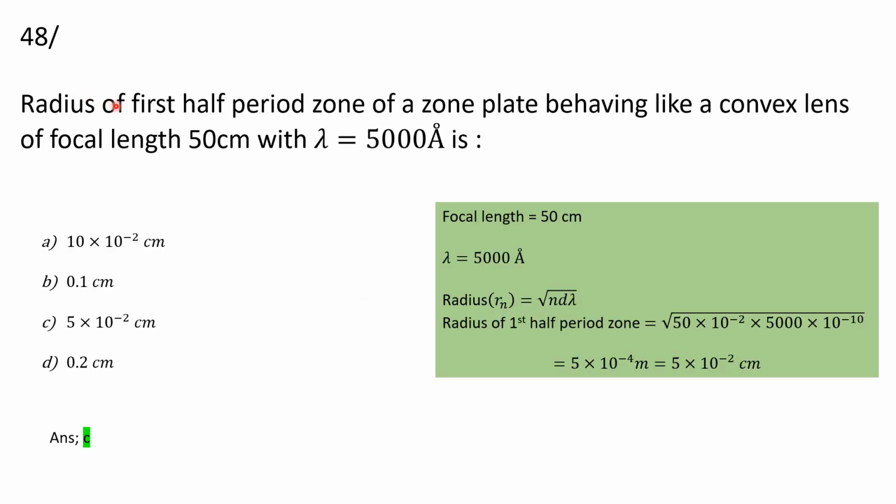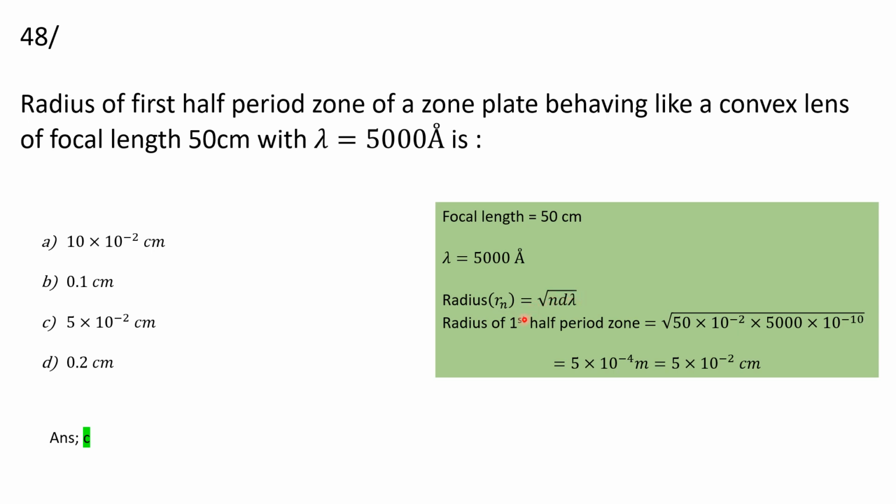Then, the radius of the first half period zone of a zone plate behaving like a convex lens of focal length 50 cm with lambda equal to 5000 Armstrong. Here the focal length is given as 50 cm, the lambda value is 5000 Armstrong, and we know the radius is equal to root over n d lambda.